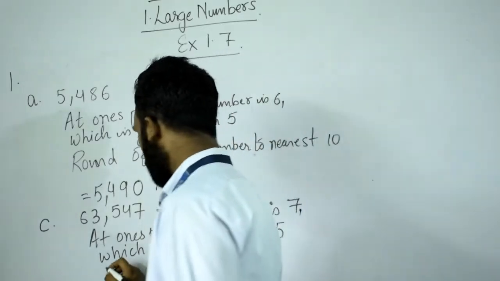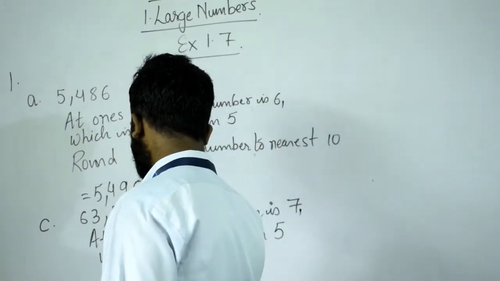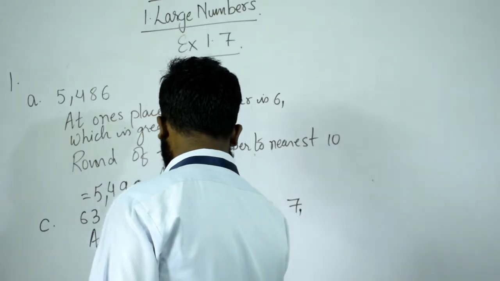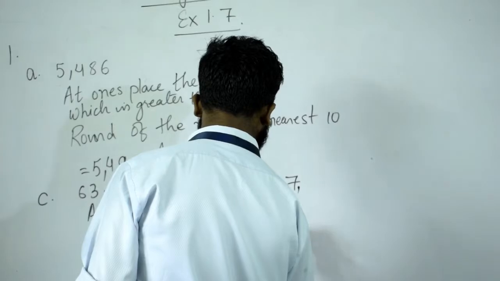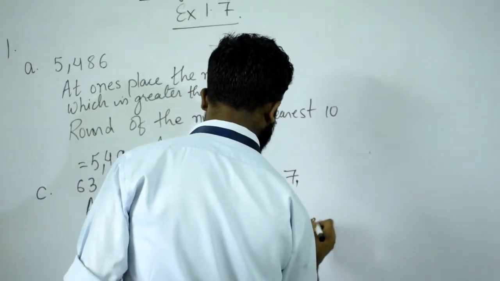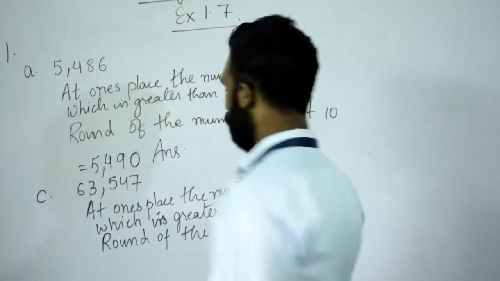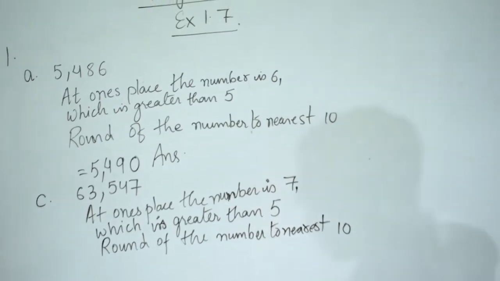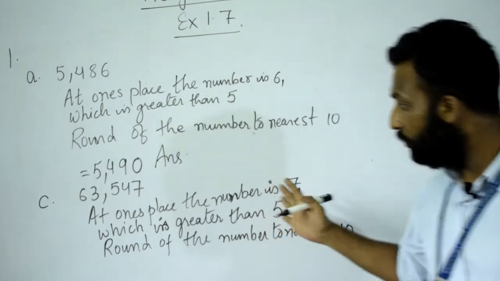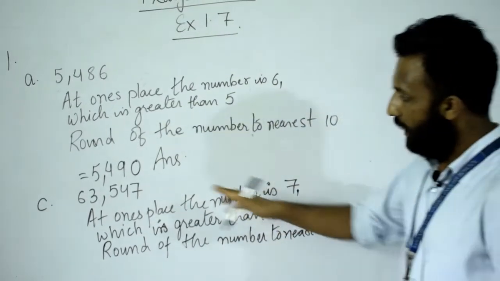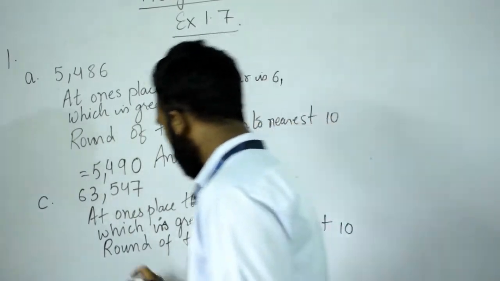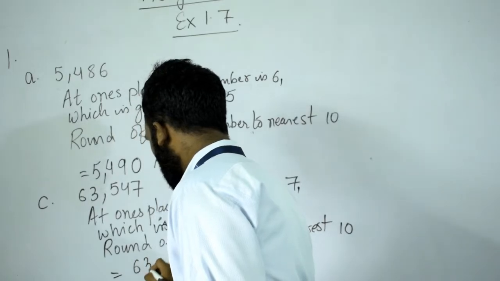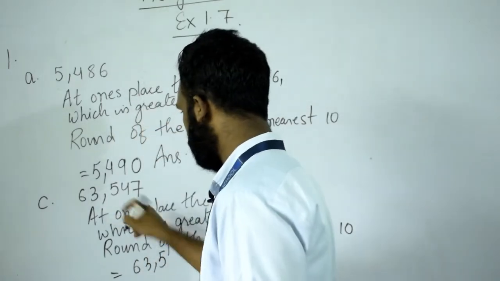Then the rounding of the number to the nearest 10 will be, as I told you, if it is more than 5 or equal to 5, at the ones place we make it 0, and we add 1 to the tens place. So it will be 63,500. At the tens place we have 4.